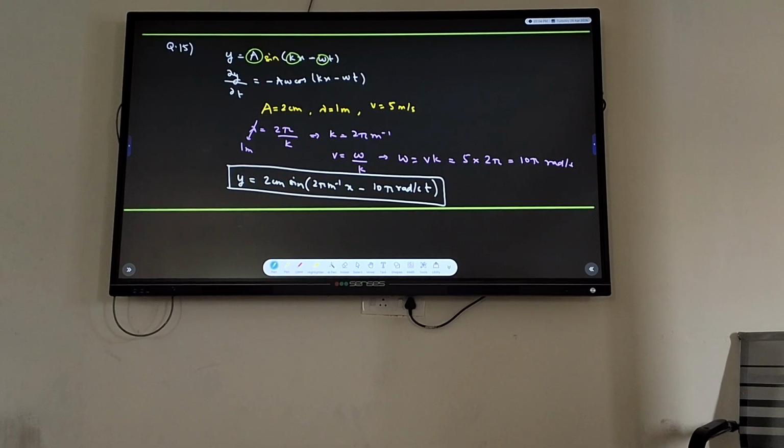Seven point two is equal to 40, actually 40.